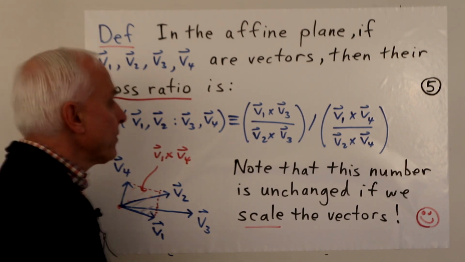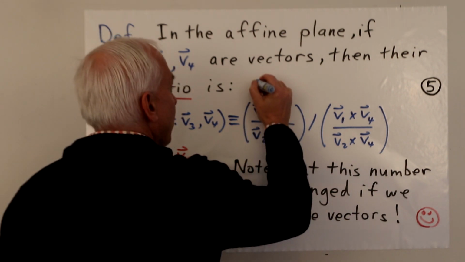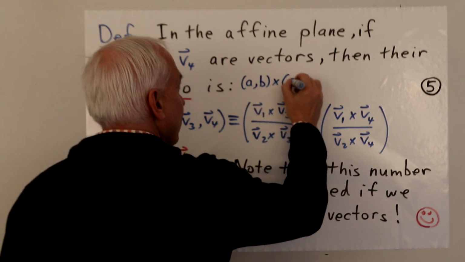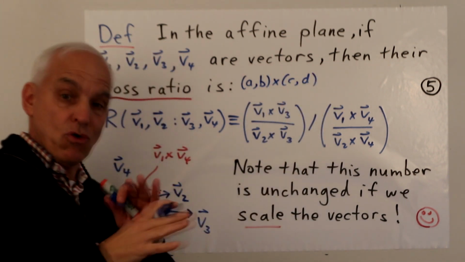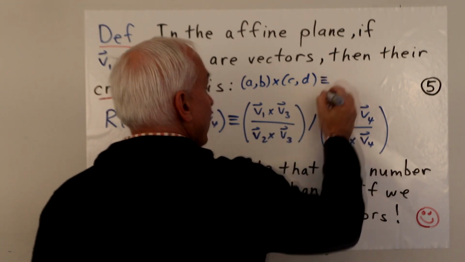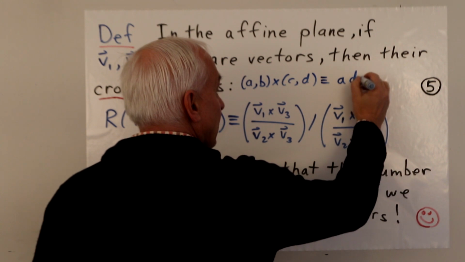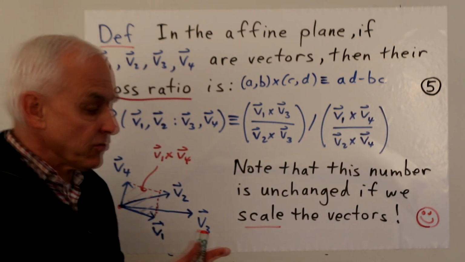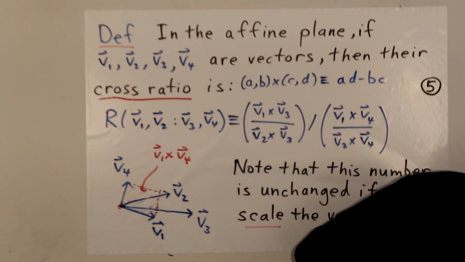More precisely, if we have the vector AB and the vector CD and we've chosen coordinates, then the cross product is defined to be the number AD minus BC. So it's a determinantal thing which represents a signed area.